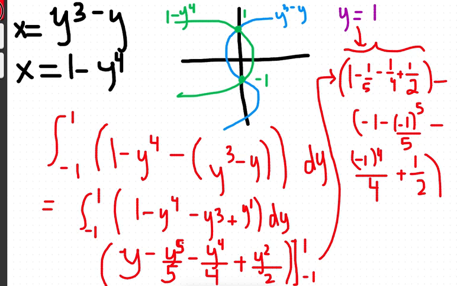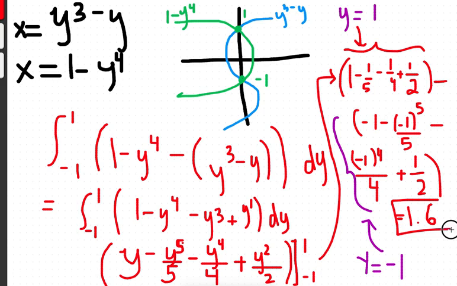Close bracket. And all of this is when y is equal to -1. So you're going to evaluate that, subtract them, and you obviously know how to subtract or just use a calculator. You'll end up with 1.6, which is your answer.